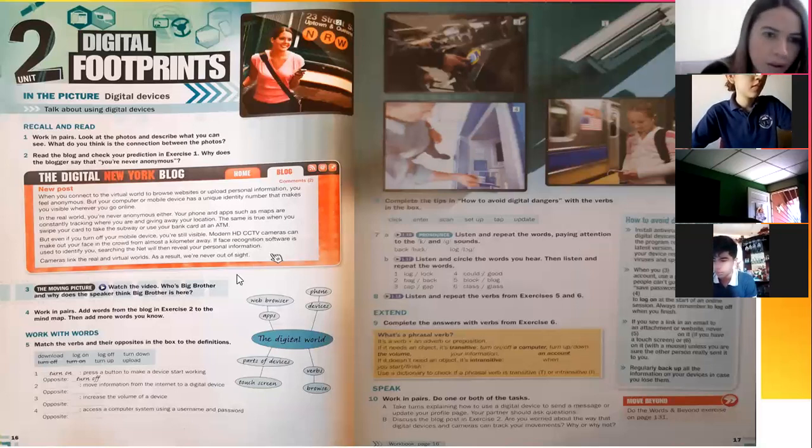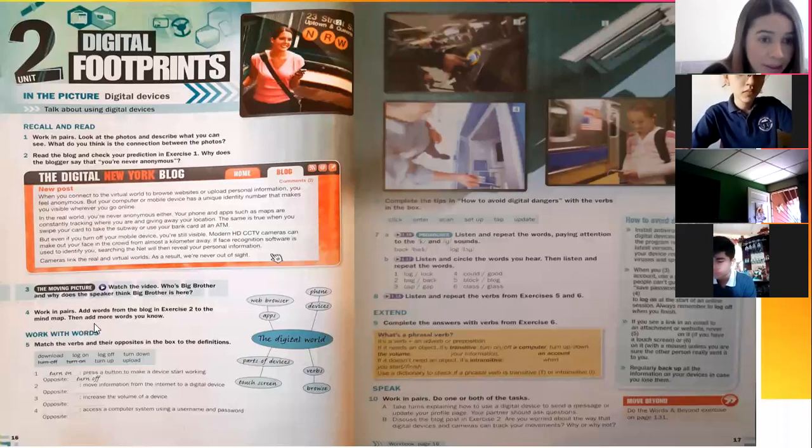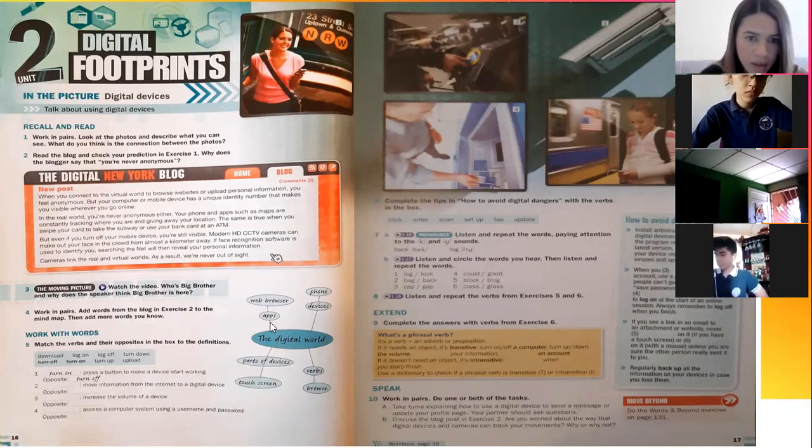Okay, so we don't have a video. Let's add the words from the block in exercise 2 to the mind map. Then add more words you know. So here, the digital world, apps, this is the mind map. Este es un mapa mental.